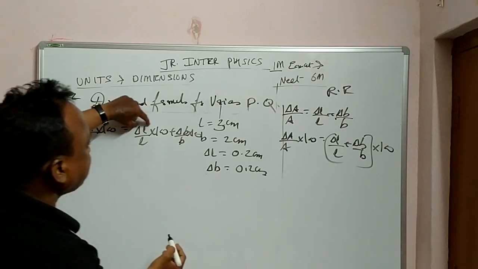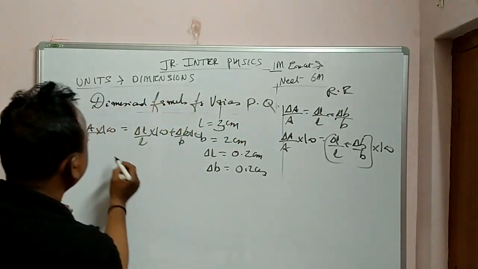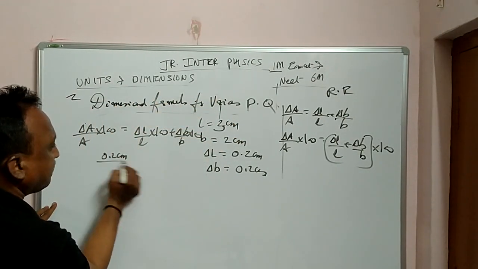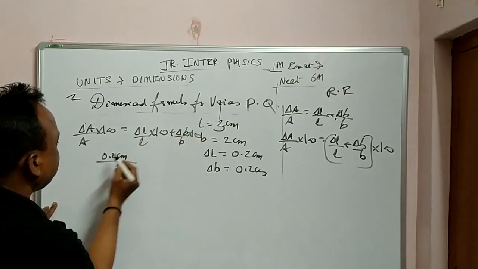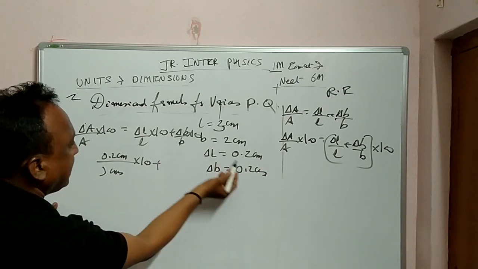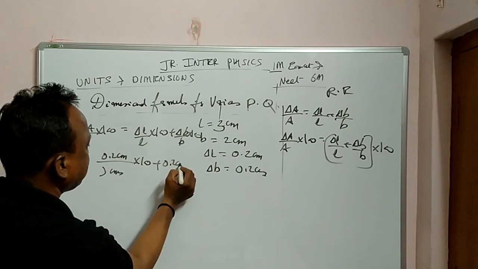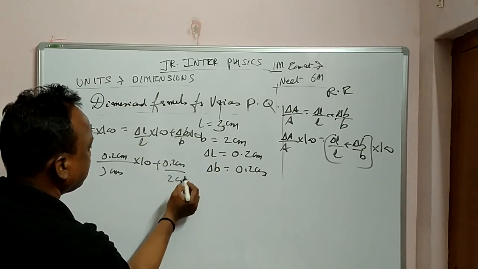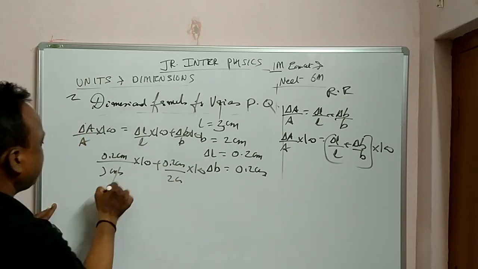So delta L means change in length. What is the change? 0.2 cm by L, 3 centimeters, into 100. Delta B, for example, the same thing I have given, 0.2 cm by B, 2 cm, into 100.